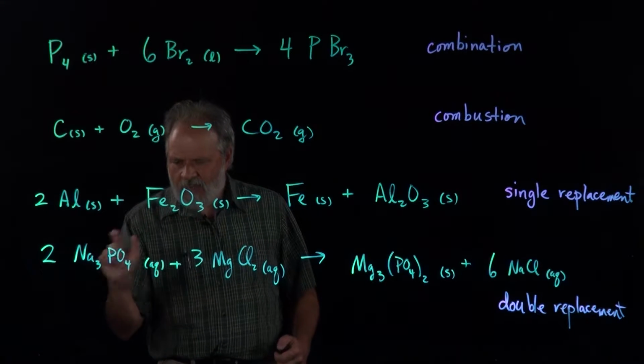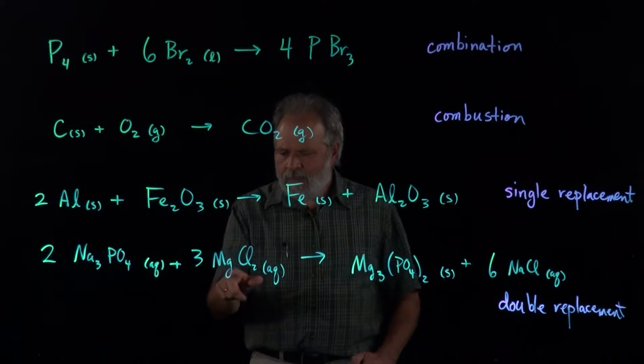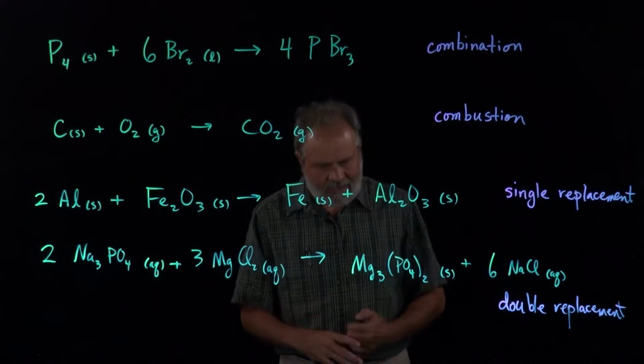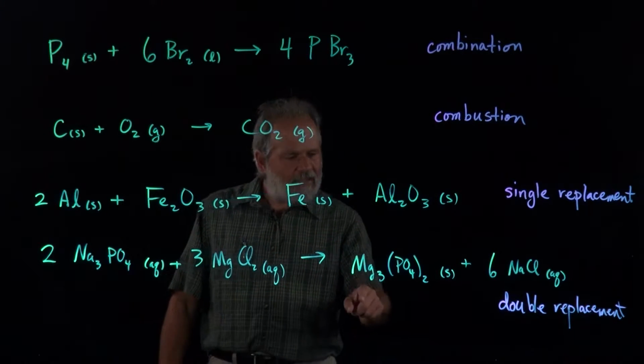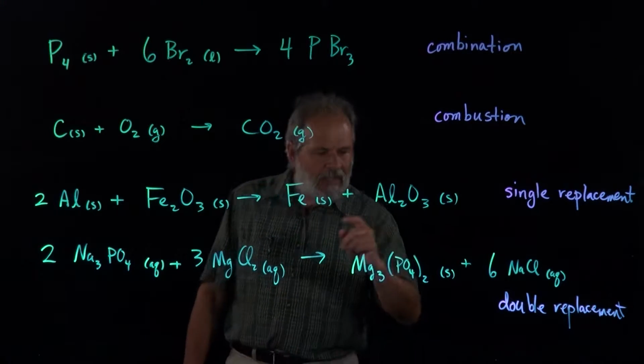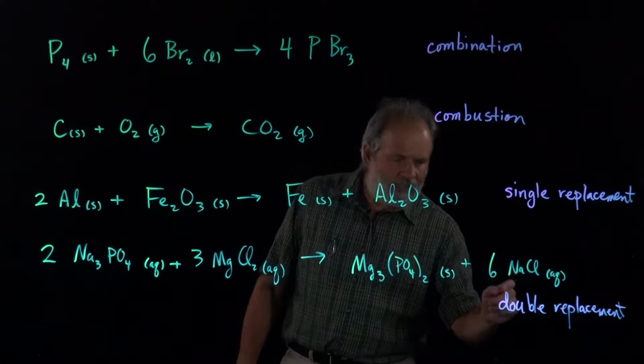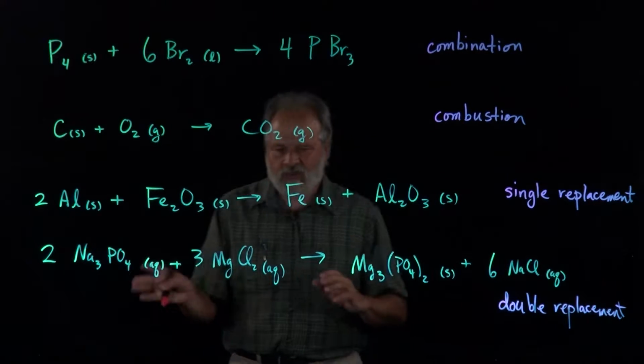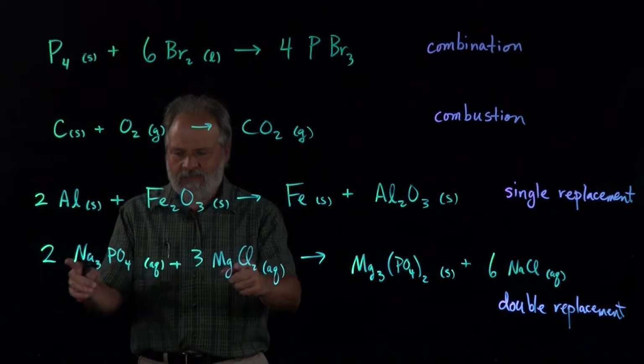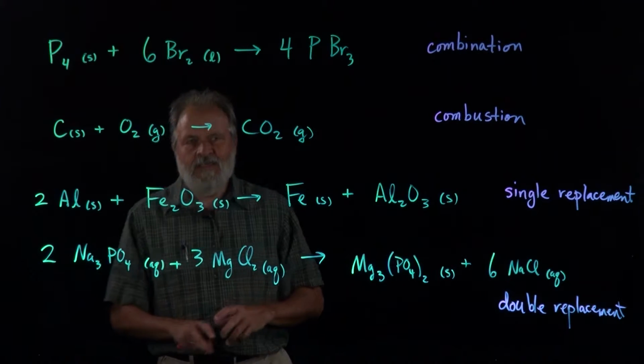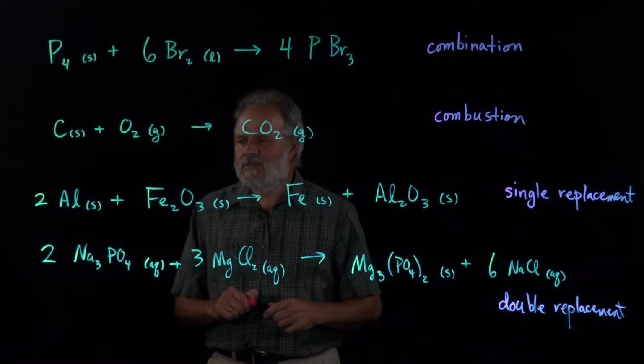Here sodium cations combined with an anion, magnesium cations combined with an anion, while over here magnesium cation is combined with an anion, and sodium cation is combined with an anion. All they did was swap the ions. You can think of it either as swapping the cations or swapping the anions; the same end result occurs.